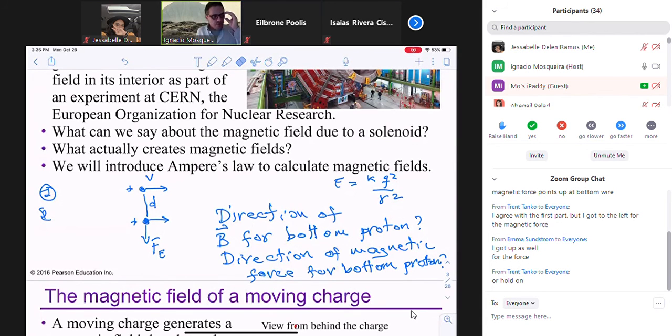We just said Isaias said B points into the page. So let me draw that with our usual notation. That would be at the bottom charge. The B field points into the page, so that would be a cross like that.